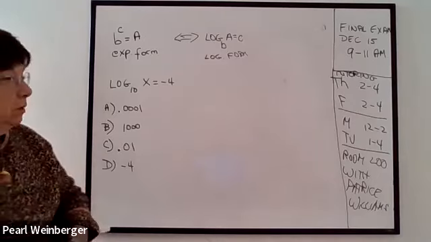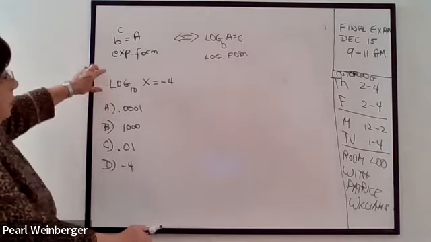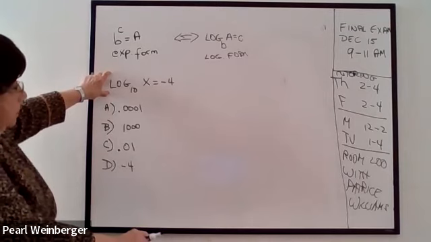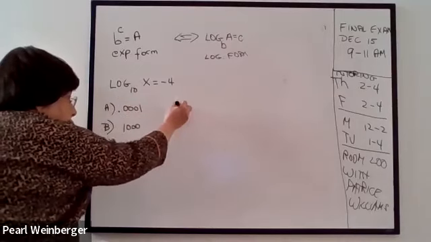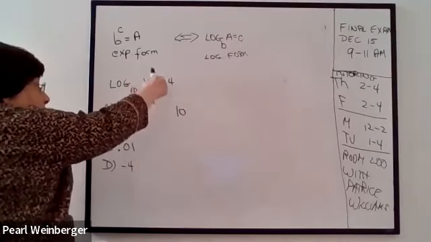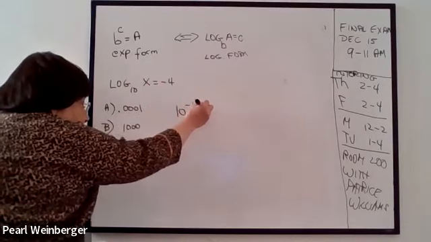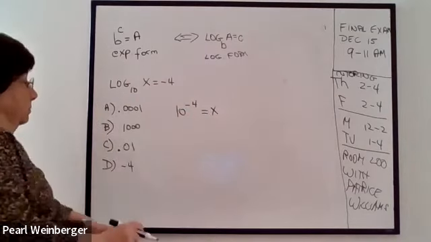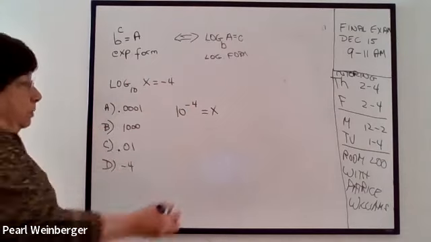Okay, let's do this together. Again, I'm going to take the logarithmic form and put it in the exponential form. What's our base? Our base is 10. The number on the other side of the equal sign is always our exponent. So this is 10 to the negative 4 equals x. Now, what does a negative 4 exponent mean?